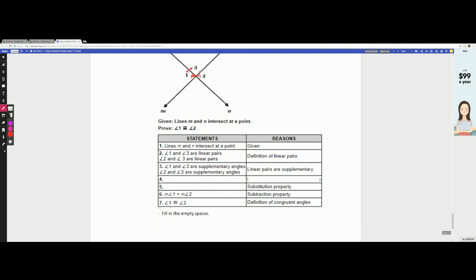Angle 2 and 3 are supplementary angles, so if you add up angle 2 with angle 3, it should also be 180 degrees. So, you could say that since they're supplementary, they both add up to 180. So therefore, angle 1 plus angle 3 equals 180.